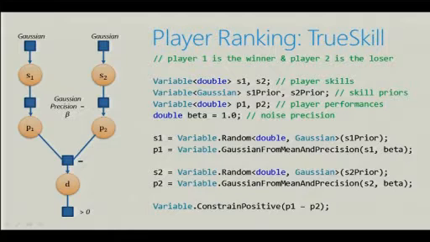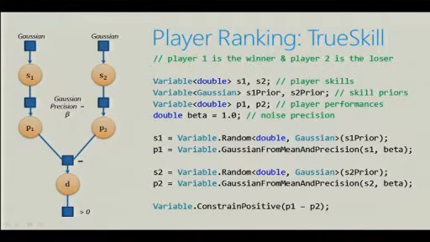Now, we talked about TrueSkill a few minutes ago, and this is the same or a very similar graph to what I showed earlier of the basic concept, but here's the code. So on the left, S1 and S2 are the skills of the 2 players, and their uncertainty is represented by a Gaussian distribution.